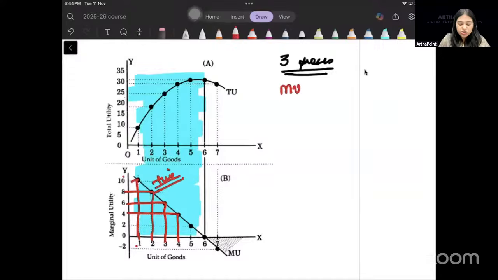So जब तक marginal utility positive है, you notice total utility is increasing.